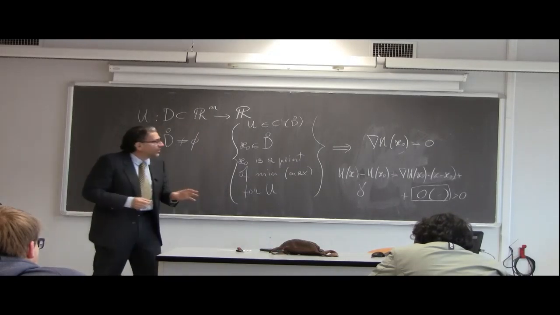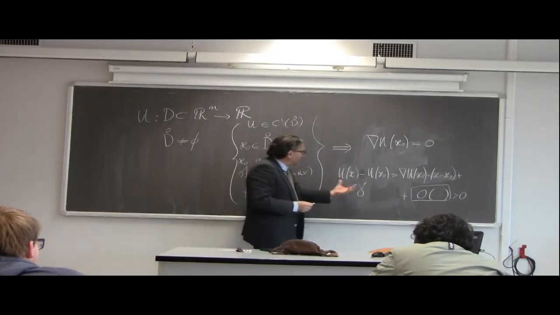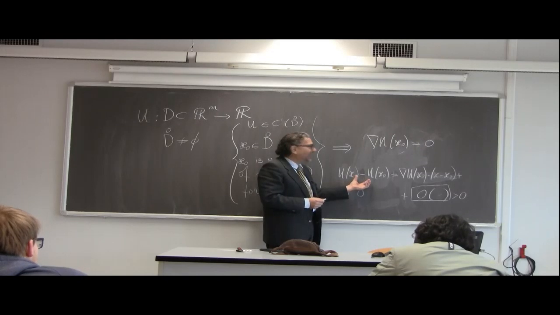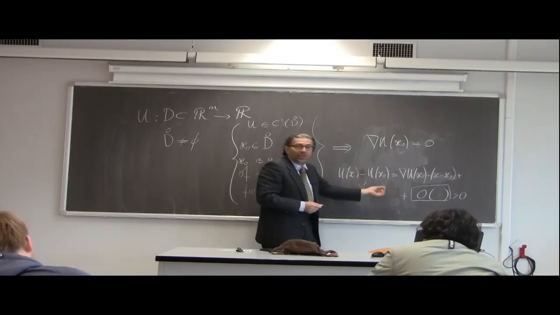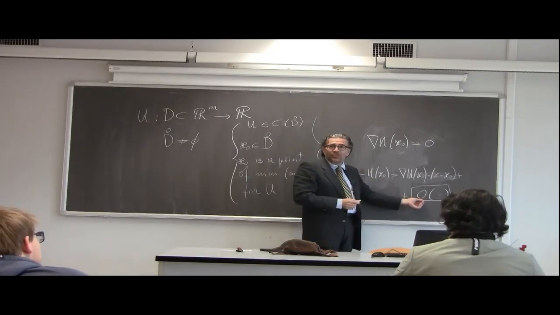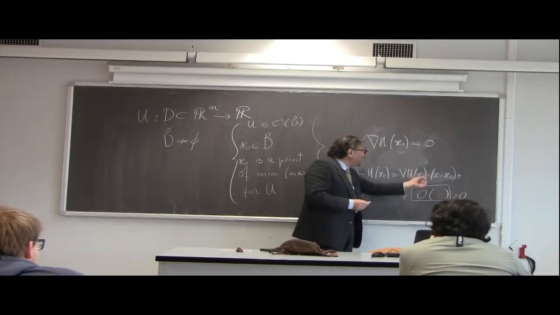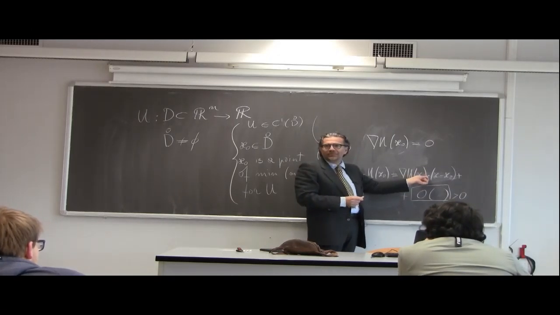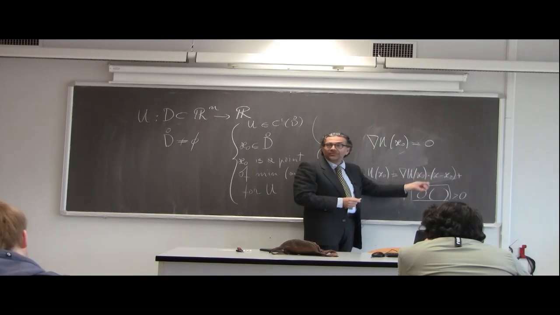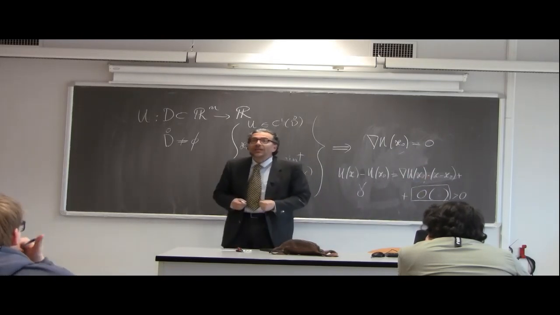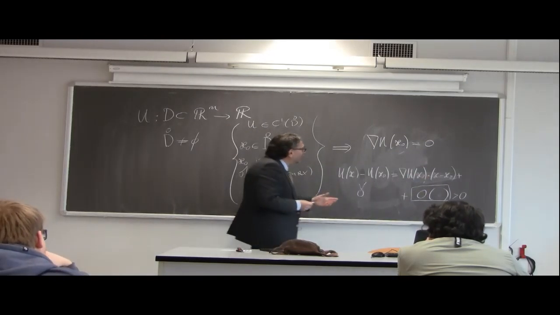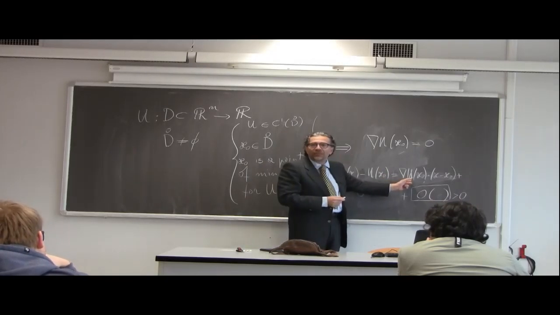So the question is, this has to be positive in the neighborhood of x0. This is positive in the neighborhood of x0, and it is smaller than this in the neighborhood of x0. So now the question is, can grad u be different from 0?